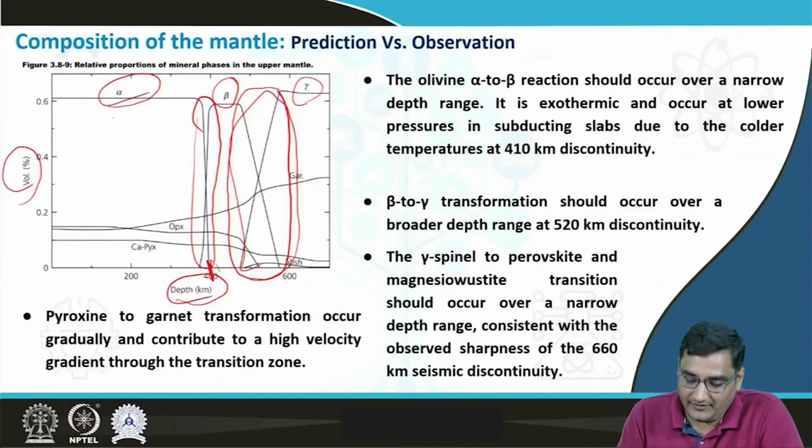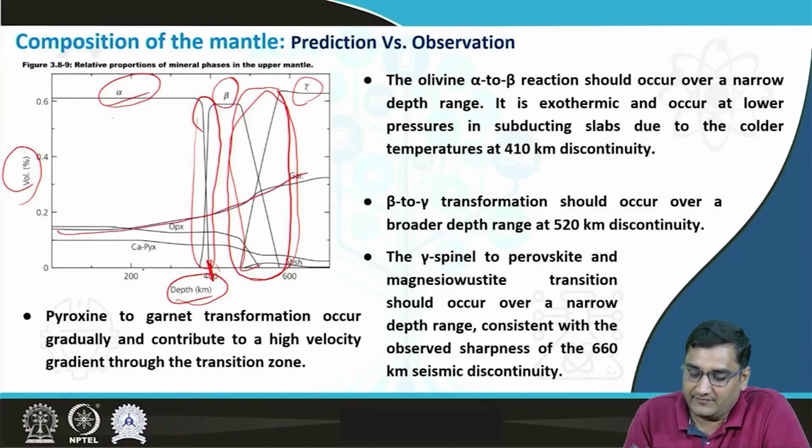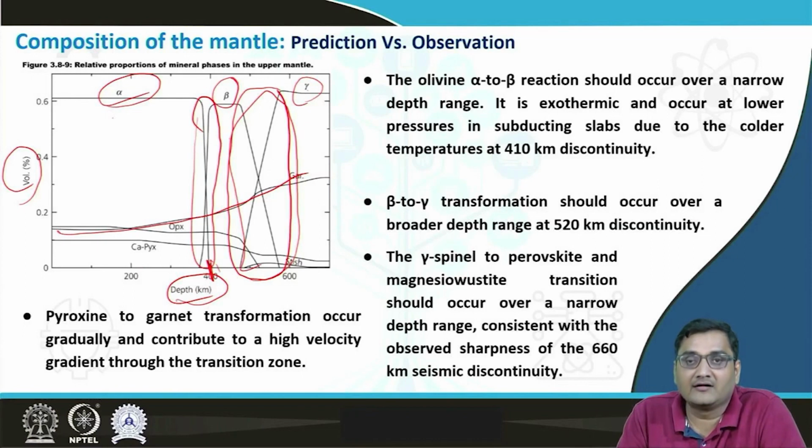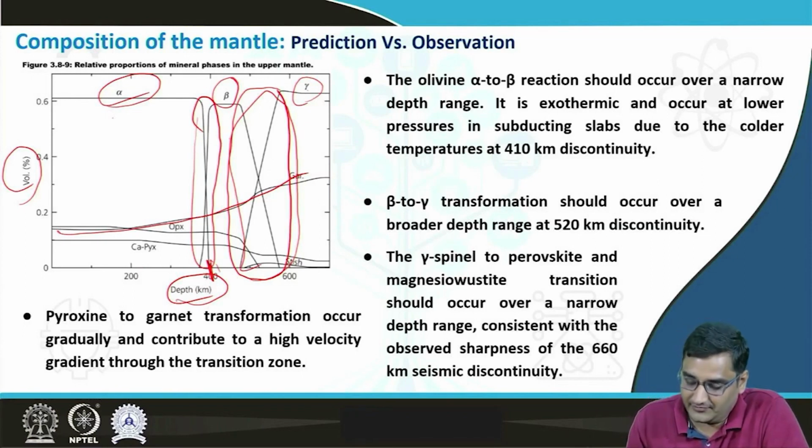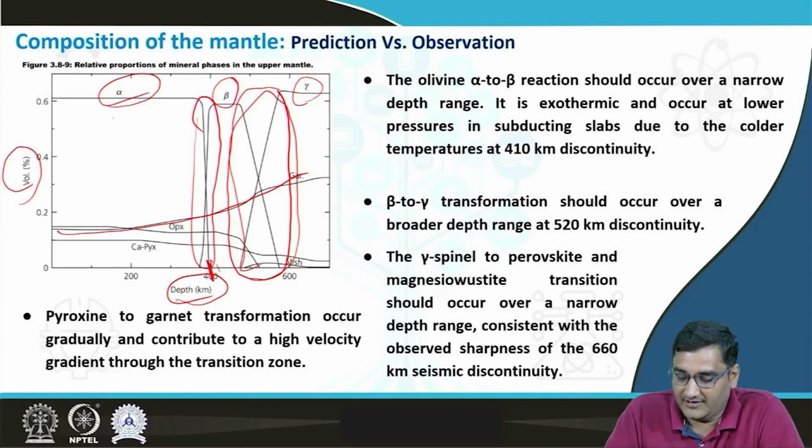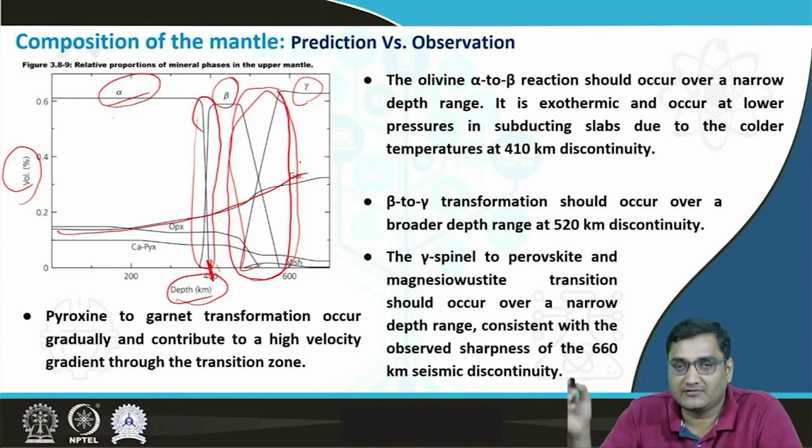And if we talk about the pyroxene, this is the pyroxene curve here, and the transformation occurs very gradually, and this contributes to the high velocity gradient through the transition zone. So what you can observe is that the transformation from alpha to beta is happening very suddenly, very sharp, but on the other hand, from pyroxene to garnet, the change is quite gradual.